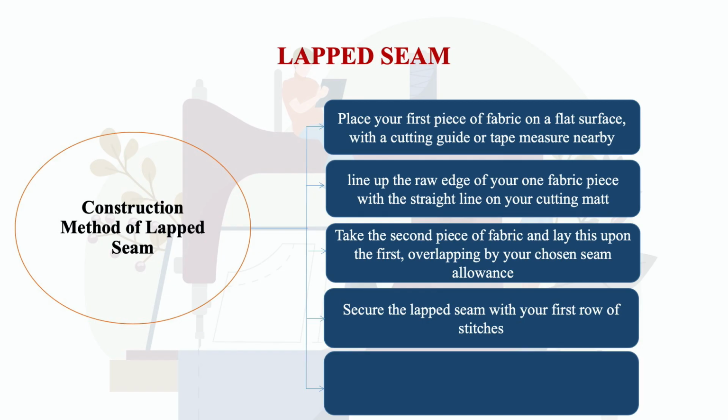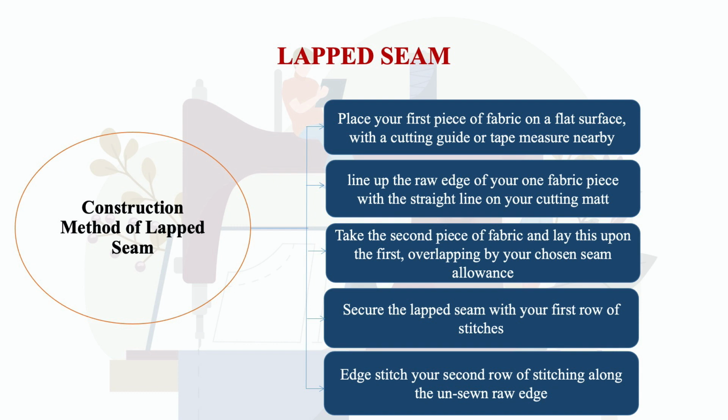Then it says to secure the lapped seam with your first row of stitches, and then edge stitch your second row of stitching along the uneven raw edges. So we reverse the fabric and do the stitching from the back side.